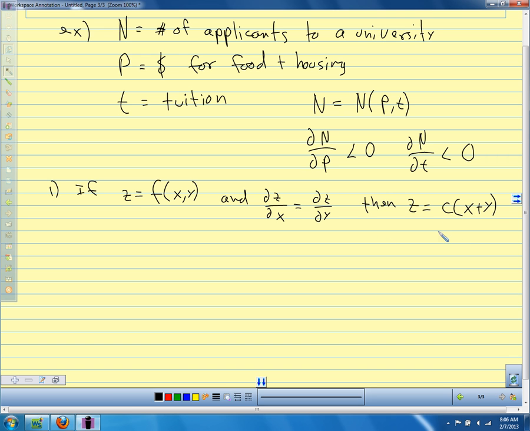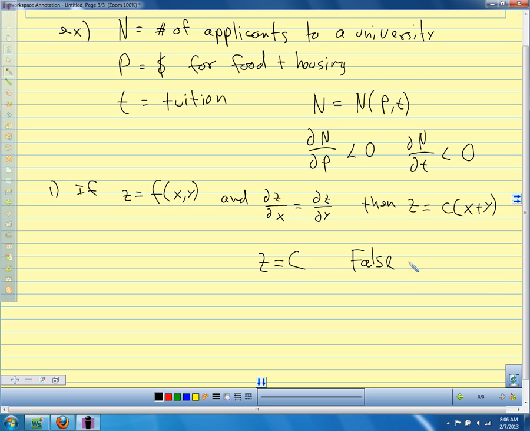Are there functions that this would be true for that are not in this form? Z equals a constant. The first partials are 0 for both of them, right? So we found a counterexample, so this would be false.